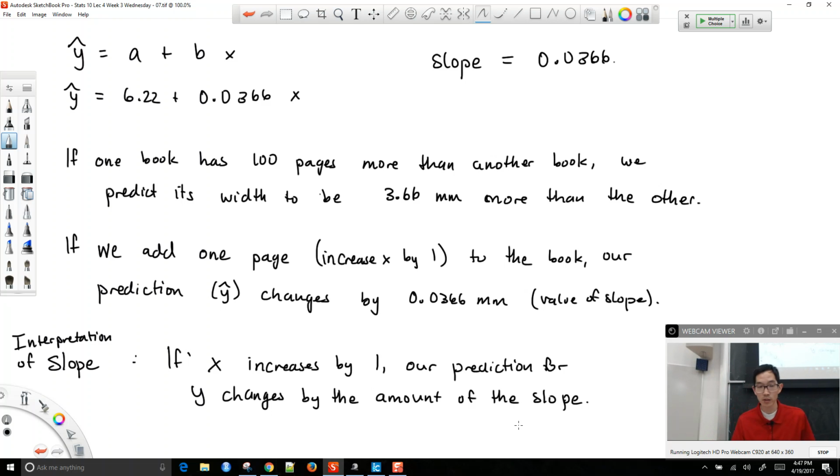That is the interpretation of the slope. We'll talk about the interpretation of the intercept on Friday, and some warnings about linear regression. We'll end here today, and we'll see you guys on Friday.